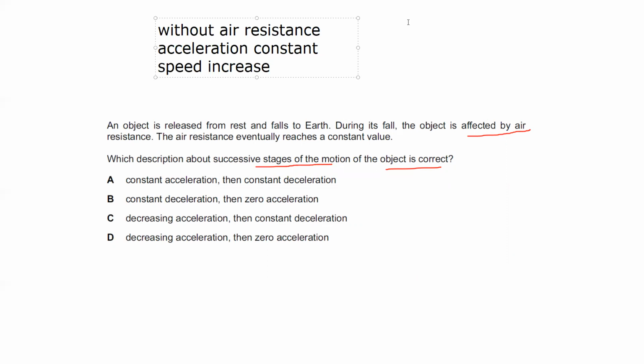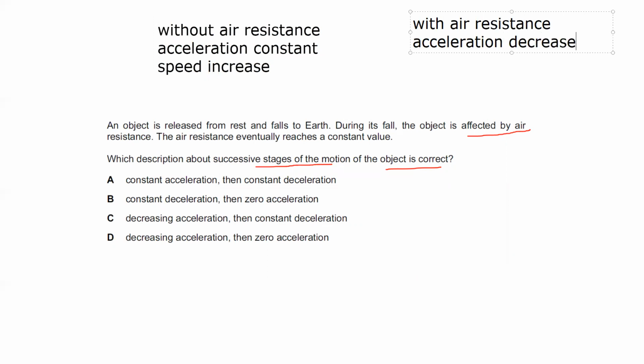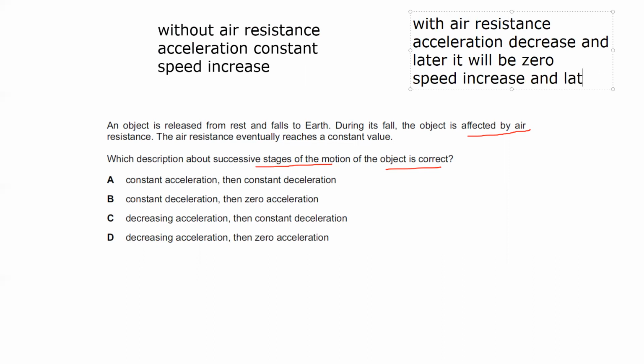But with air resistance, the acceleration will decrease and then it will be 0, whereas the speed will increase and then it will be constant.